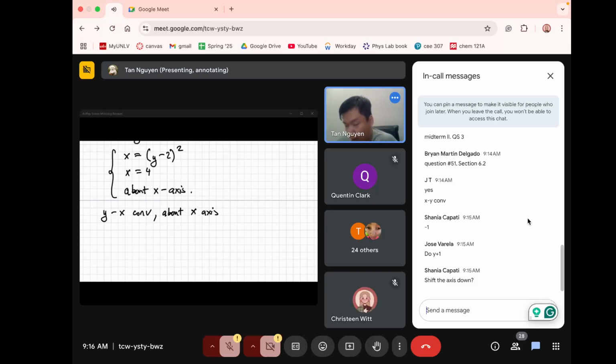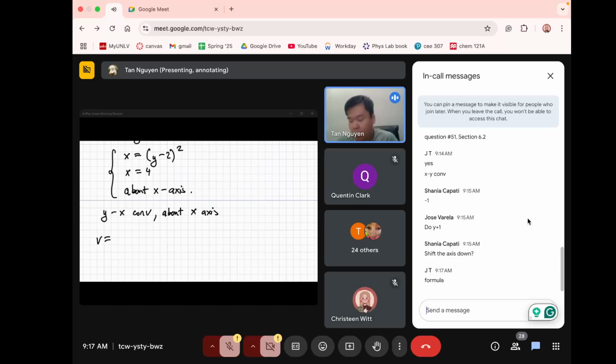So after I determine that, what's the next thing that I need to do? yx convenient about the x-axis. What's the next thing I need to do? Formula. Thank you. V equals.